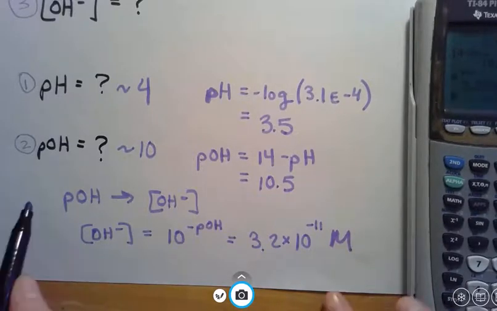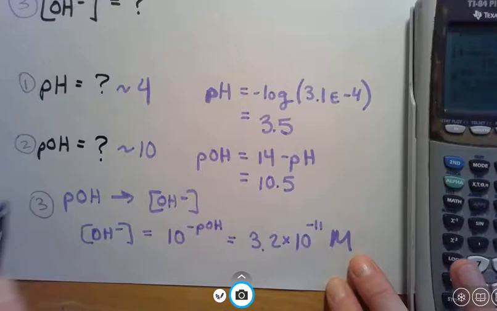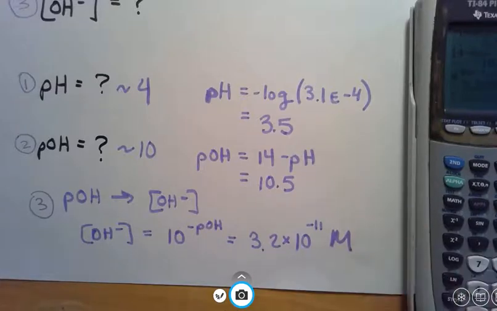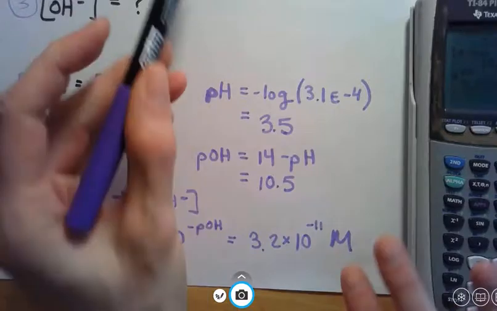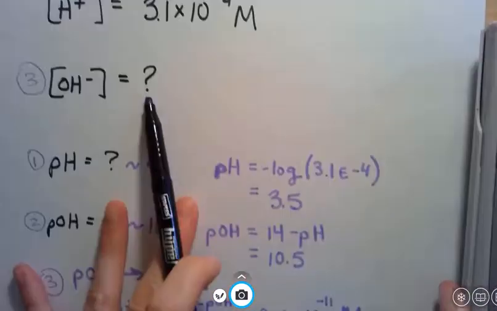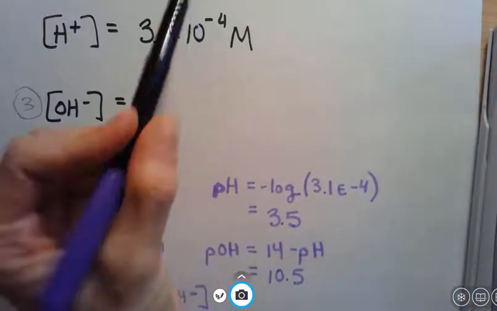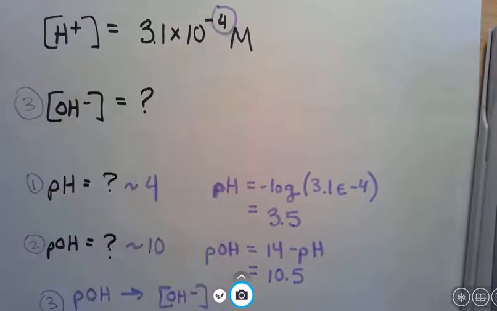Okay, so this is my third step here. So again, as we go back and forth between concentrations and what's called the p-scale, we're either trying to bring this exponent down onto the main line to make it an easier number to work with.